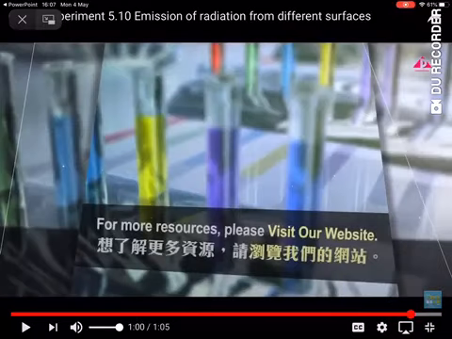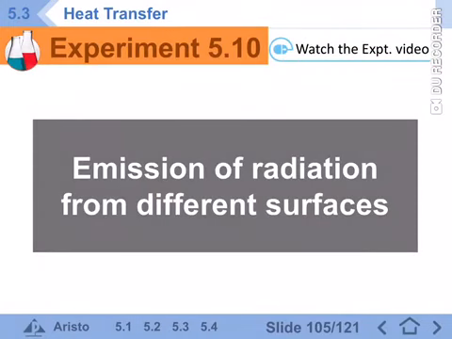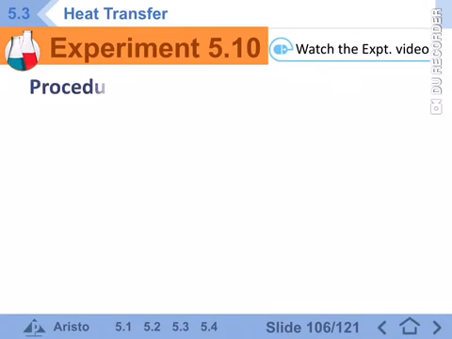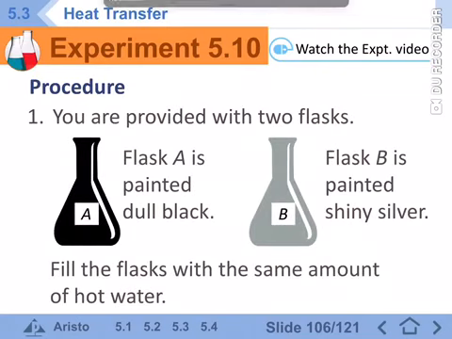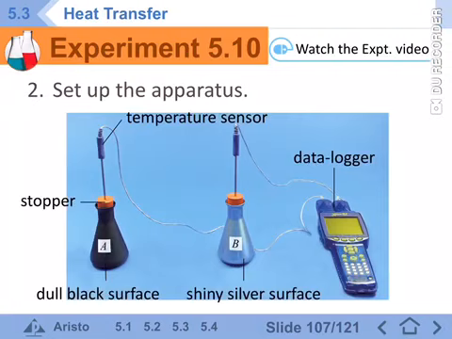You will need to know that the dull and black surface is a good emitter, and also a good absorber of radiation. It happens that both go at the same time. You're good at one thing, you're also good at the other thing. So in here, that's the setting.